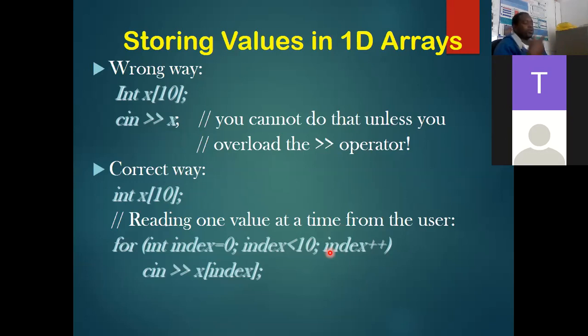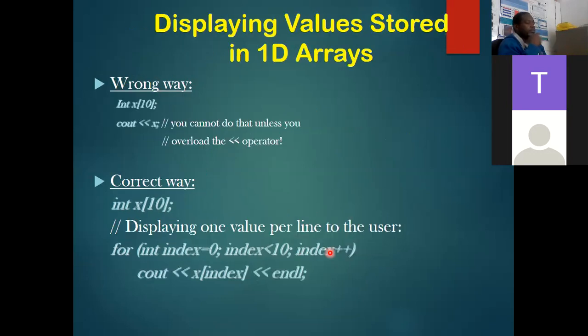That means you increase your index and pick the element at that index as you go. Also, when you are displaying the values, if you use the name of the array, then it will be wrong. But you can display using the elements. Remember, the array is a memory space, so you have to point to a certain storage so that you can pick an element or a value in that array, right?